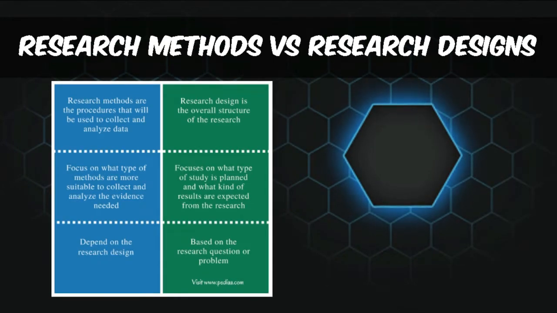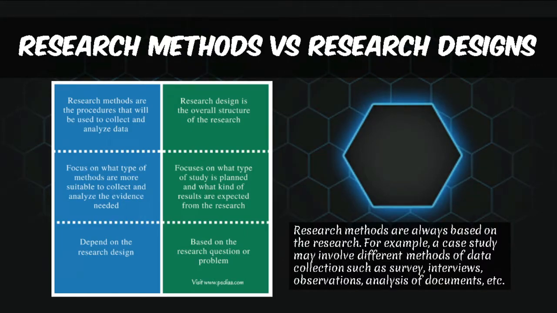Let us differentiate research designs from research methods. Research designs are actually the overall structure of the research. Mas general itong research designs. It covers a lot of things, as we mentioned kanina. The population and locale, if you're going to sample, how are you going to do it, how large the sample would be, what tool is appropriate for your research, until the statistical tests that will be used.